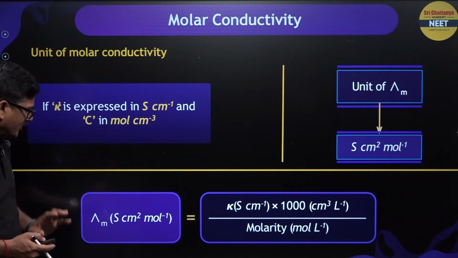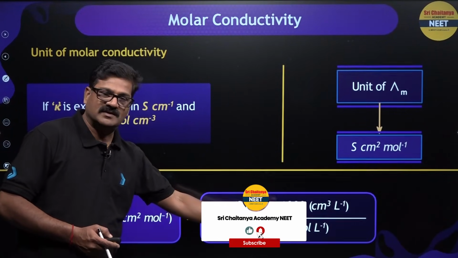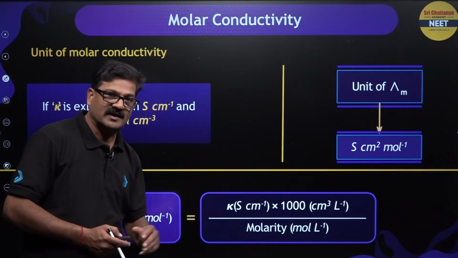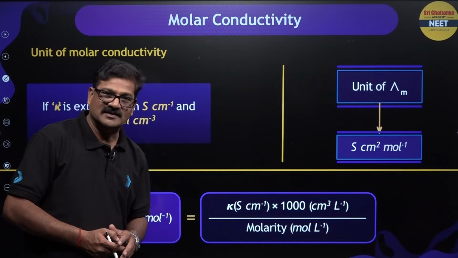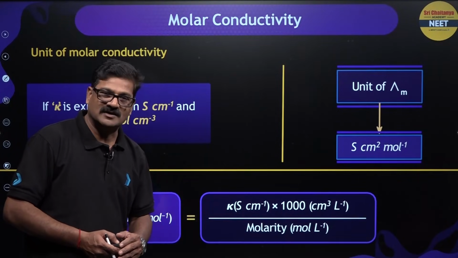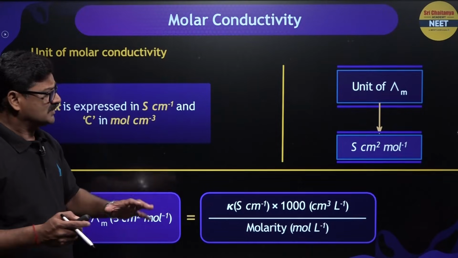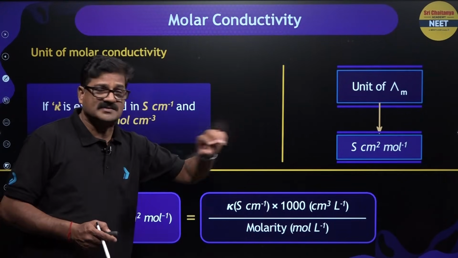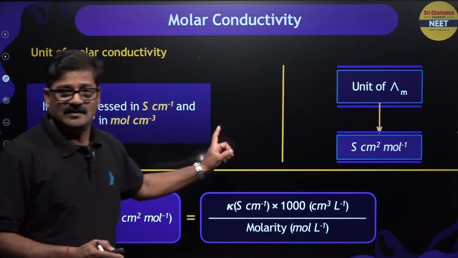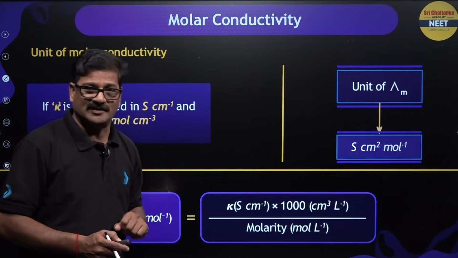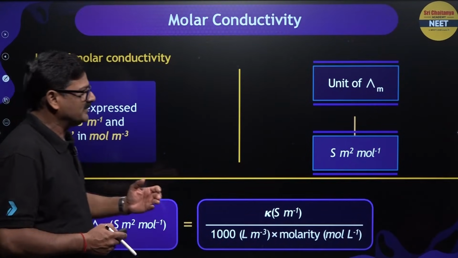So for molar conductivity, you take the specific conductivity in Siemens centimeter inverse, 1000 in centimeter cube per liter, and molarity in mole per liter. All together you will get one dimension: Siemens centimeter square mole inverse is the dimension for molar conductivity, and you can say the unit of molar conductivity is Siemens centimeter square mole inverse.